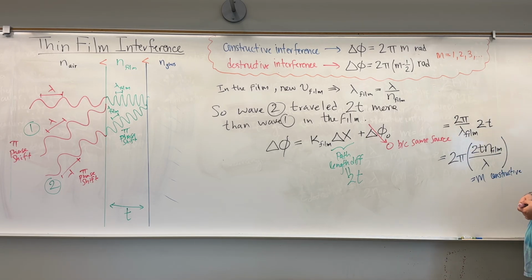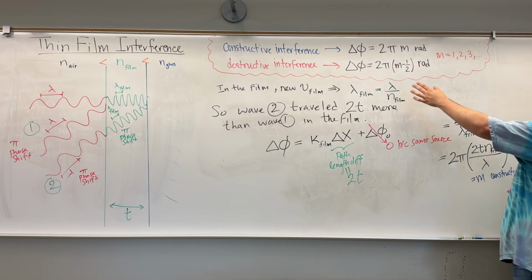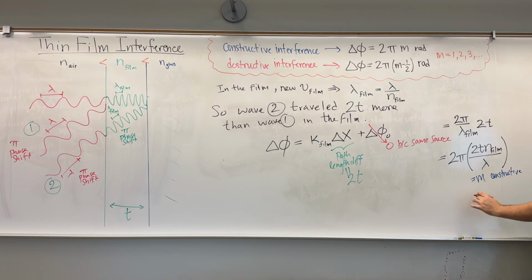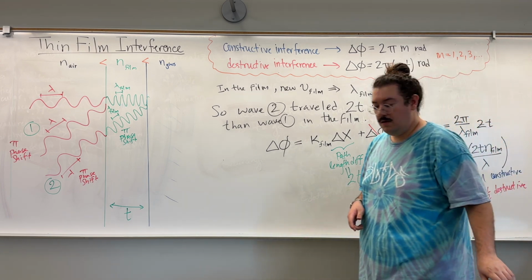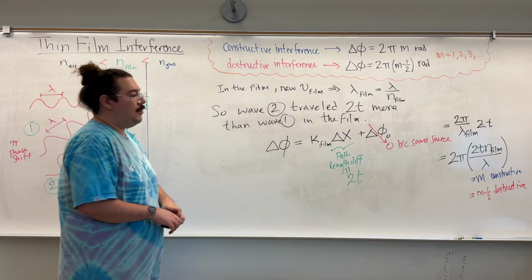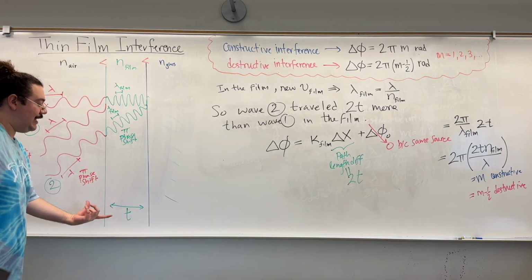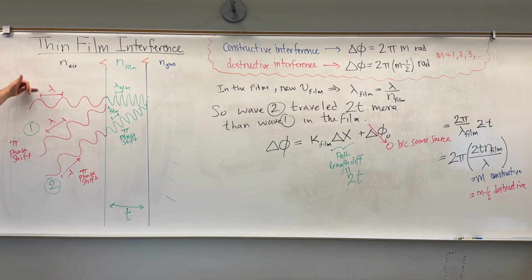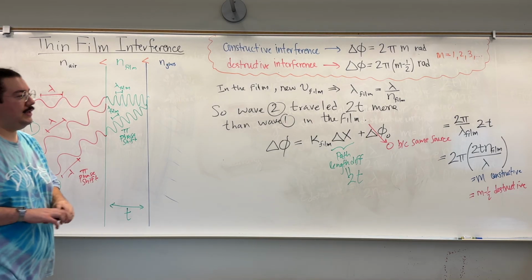Or, if that number happens to be a half integer, then it can be destructive. Okay. So we have a condition that tells us whether, for a given thickness, the lambda that we get is going to be constructive or destructive out here. So let's write down that condition.